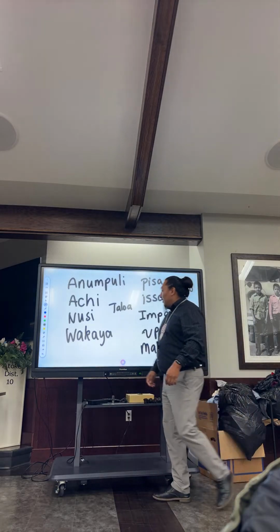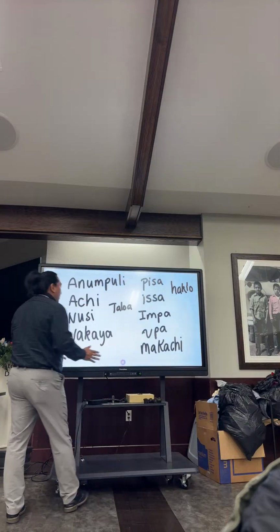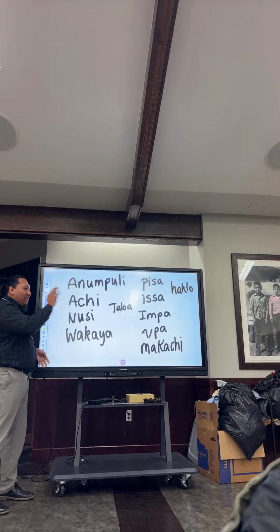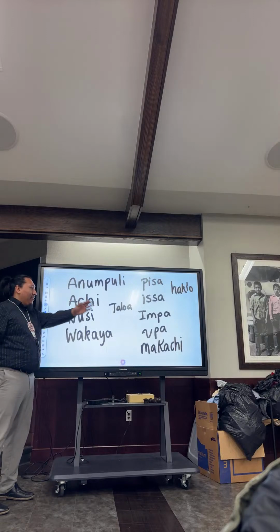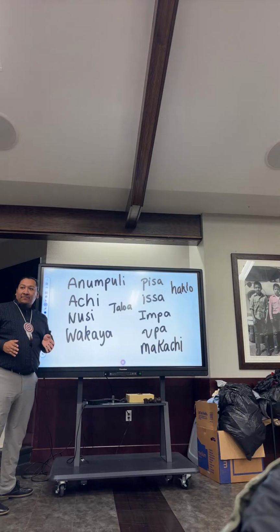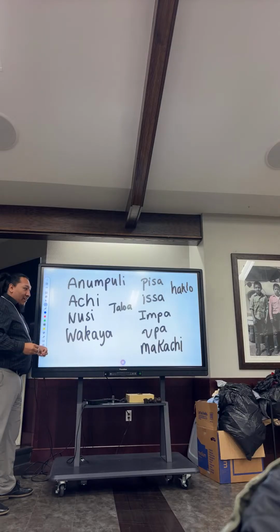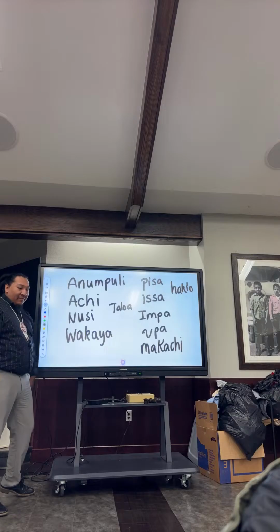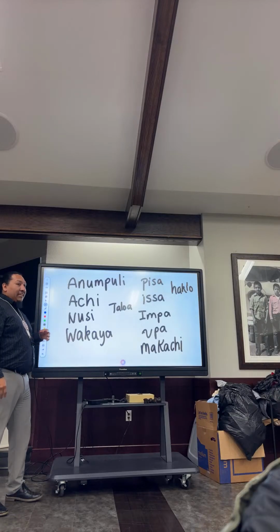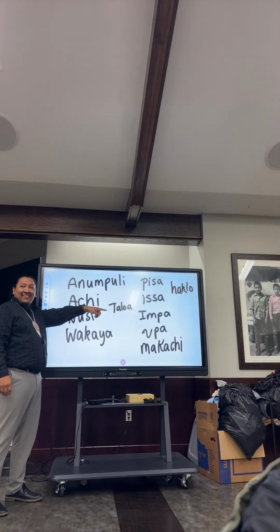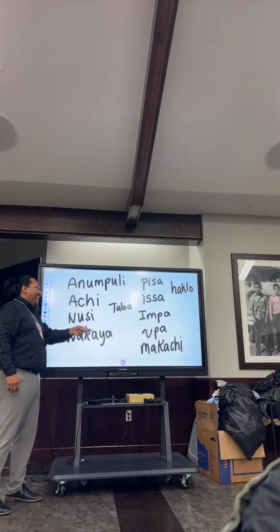So just remember, any of these verbs, if you want to say you are doing something, like you are talking, you are eating, you are listening, you are seeing, you always say ish: ish haklo, ish anompole, ish shisa, ish wakaya, ish nosi. That's you, just saying you. I'm not pointing to anybody, just the word you.